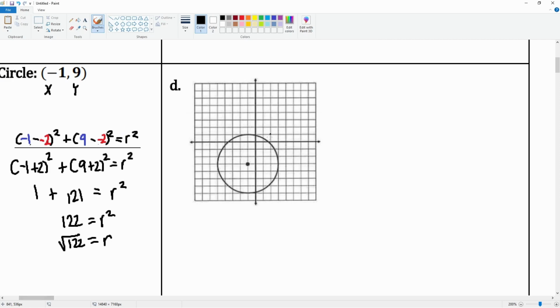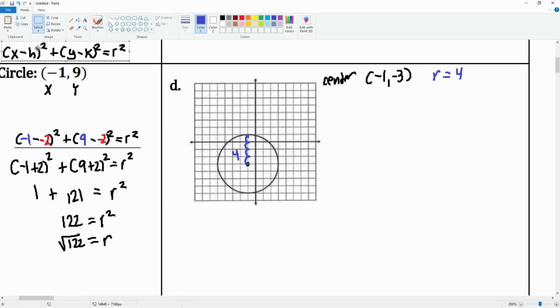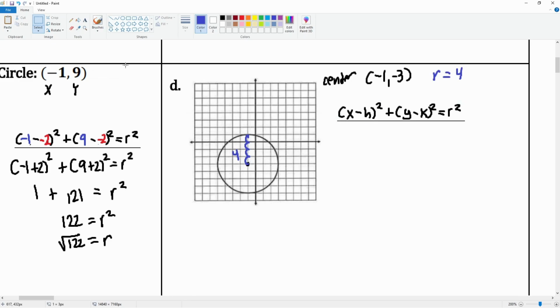Next, question D is the same thing as question C, but just on a graph. So here the center is -1, -3. The radius, we can actually count. Here's the radius: 1, 2, 3, 4. So the radius is equal to 4. So it's actually much easier. Here's our equation.